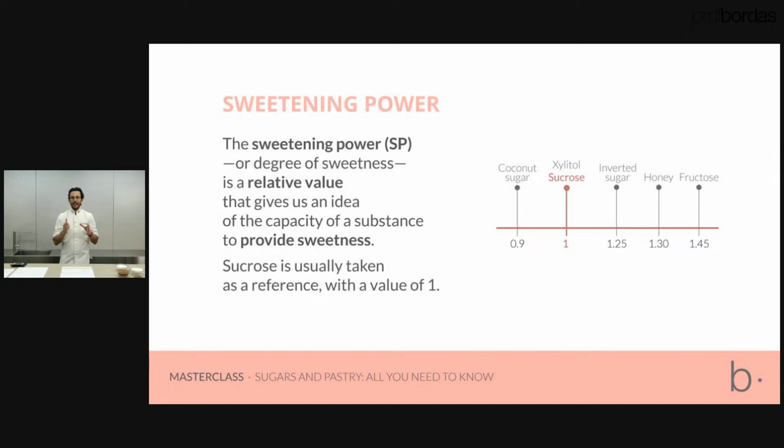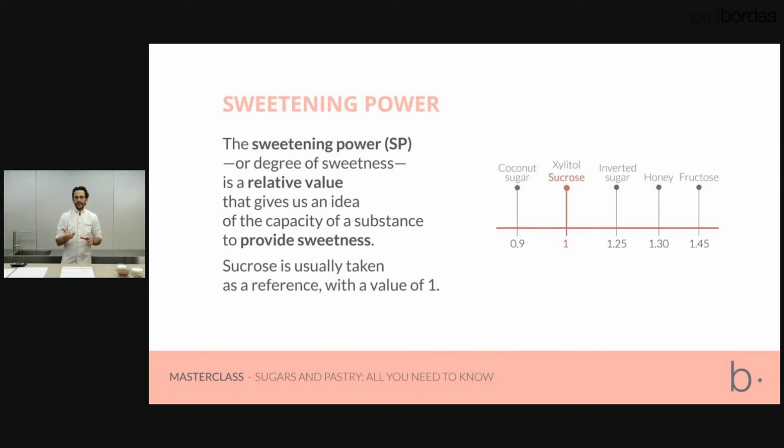I can change a part of this sugar for fiber, for example, or I can change a part of the sugar for glucose. Glucose is not the healthiest option, but it's one possibility that we have in pastry. If I'm going to use, for example, glucose syrup, the sweetening capacity is around 0.4, more or less.